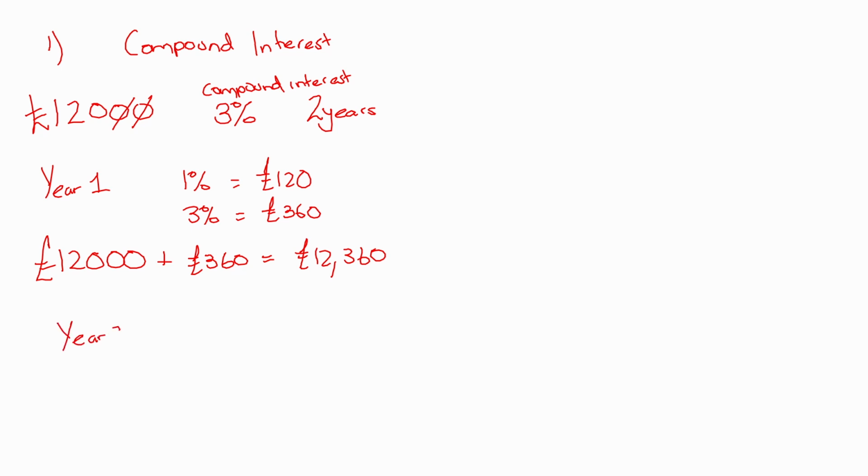Into year 2. This time, it's not 1% of the original number, it's 1% of what's now in my bank. So 1% of that, if I divide that by 100, is 123.6. But because we're talking about money, we're going to need that 0 as well, 123.60. So 3% is 3 times that, right?